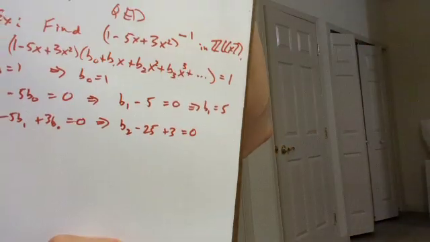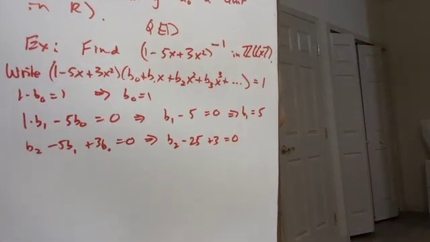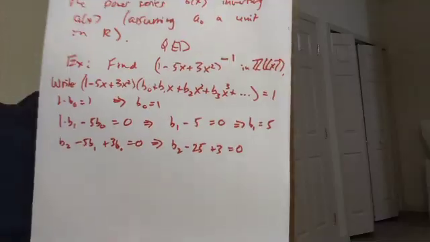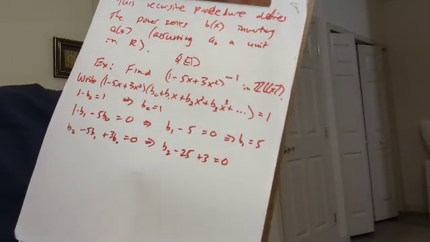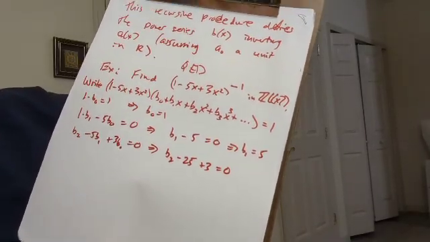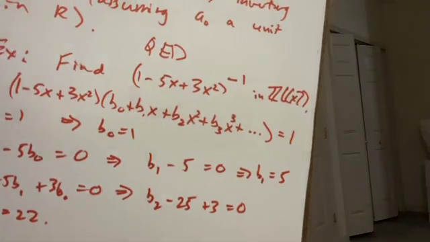So b2 minus 25 plus 3 equals 0. So I guess b2 minus 22 equals 0. b2 equals 22. So now we know b2.